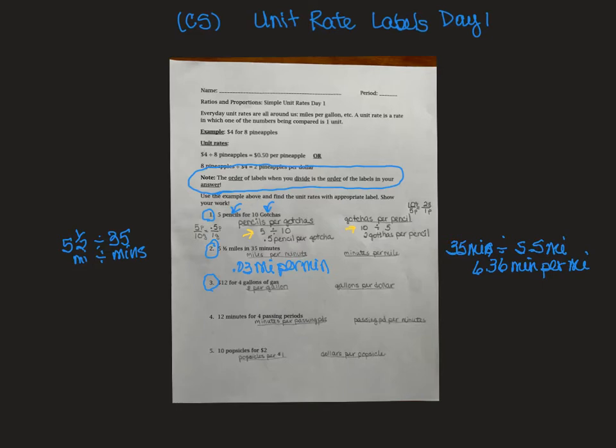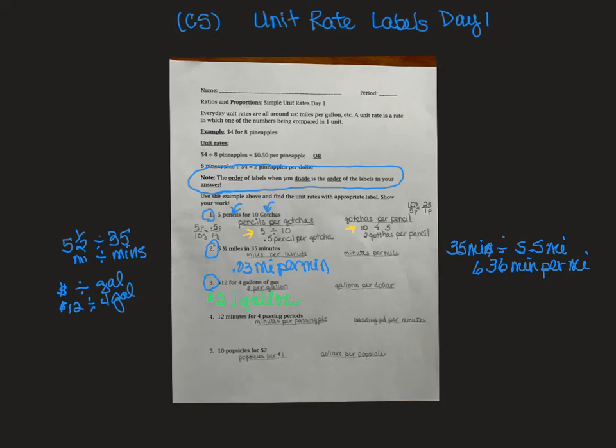So I'm taking the money and dividing it by the gallons. That's the order I'm dividing. So I'm dividing $12 divided by 4 gallons, and my answer is going to be $3 per gallon.